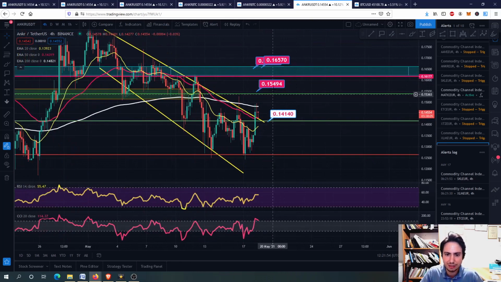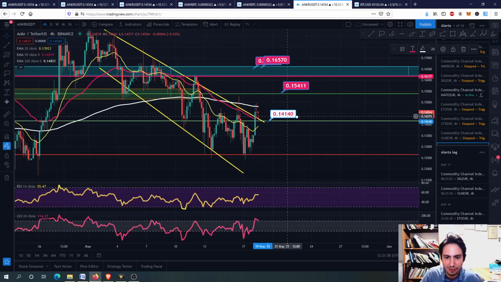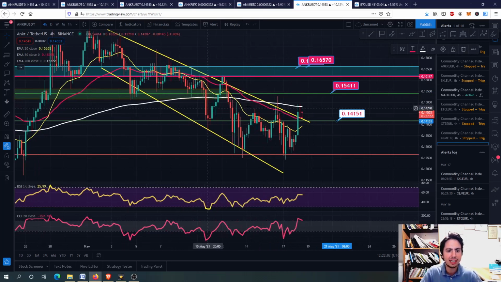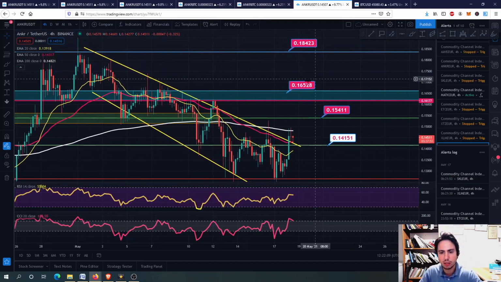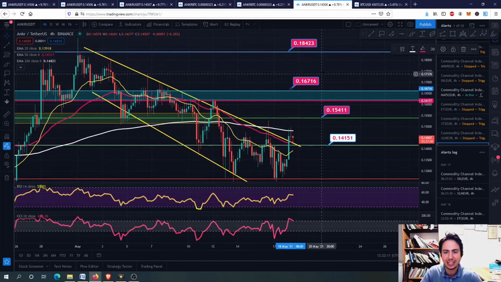What we want to see is eventually testing the 15 to 16 cents around there again for Ankr, and of course making the white line, the 200 EMA, our support level. In case we do that, then we can manage to move forward to 16 to 17 cents around there.